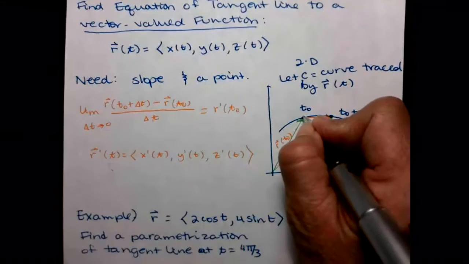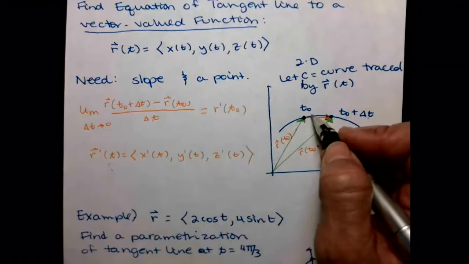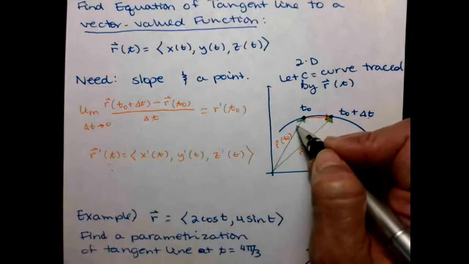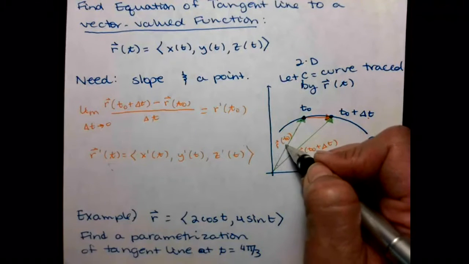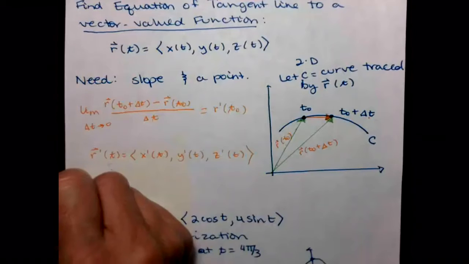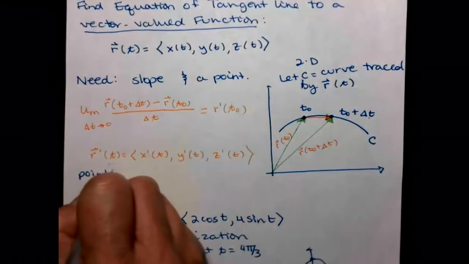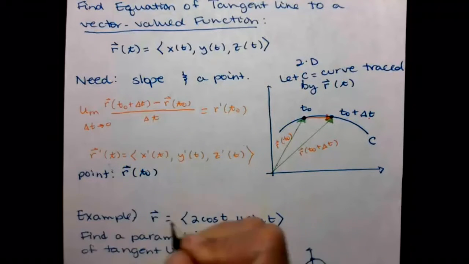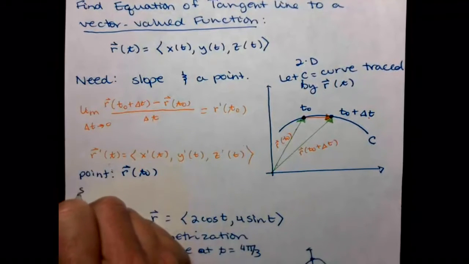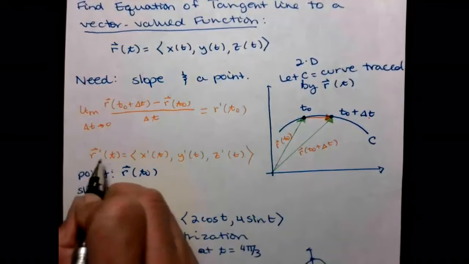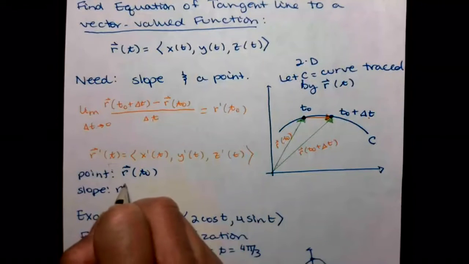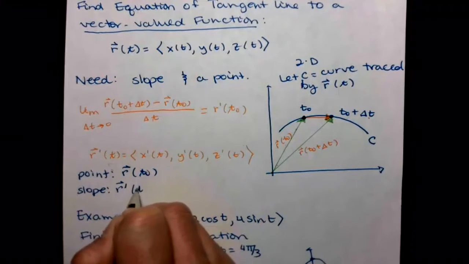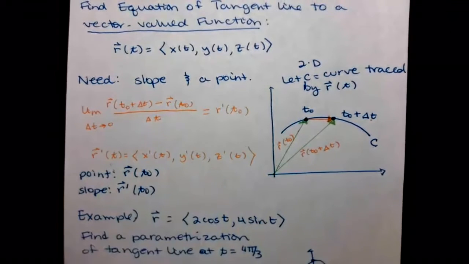The point that we know for sure is on our curve is the point at the end of r at t naught. So our point is r at t naught, and our slope, the direction vector here, is r prime at t naught.